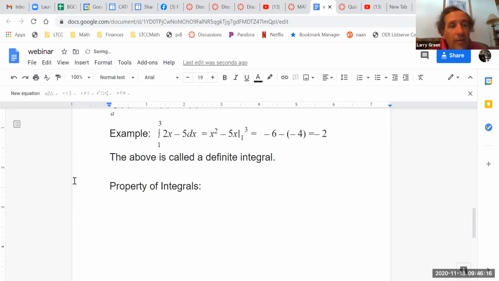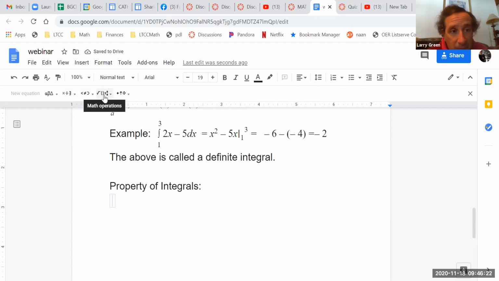Okay, and this is going to work whether I have an indefinite or definite integral. I'm going to make it indefinite just for fun. And this says the following.